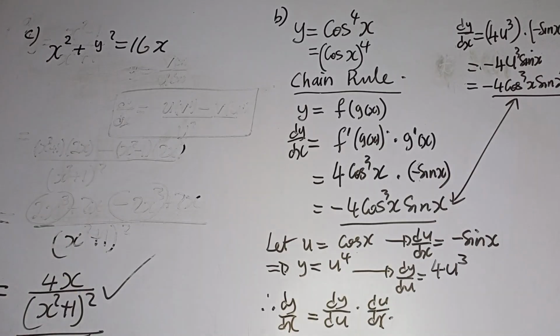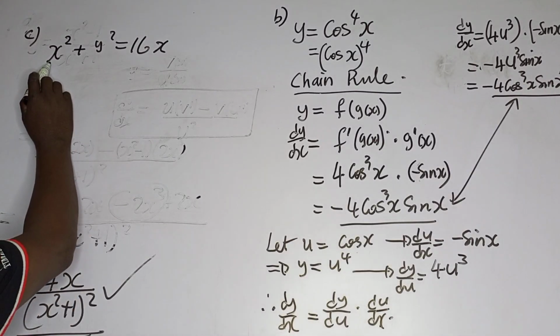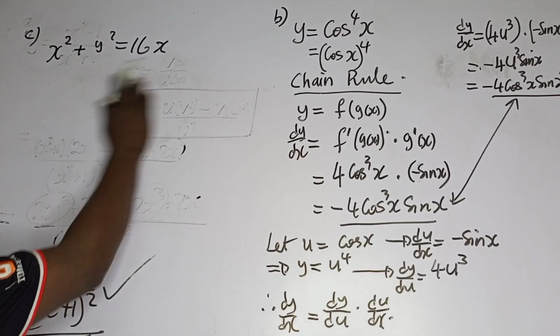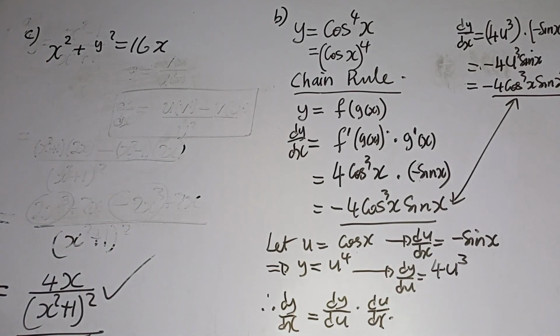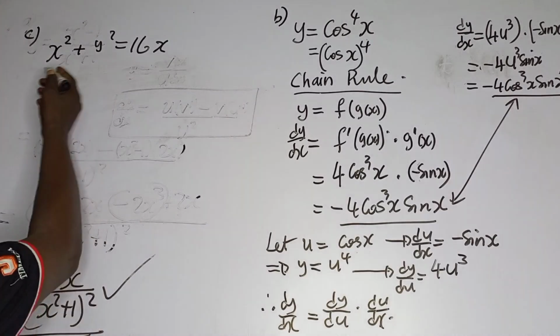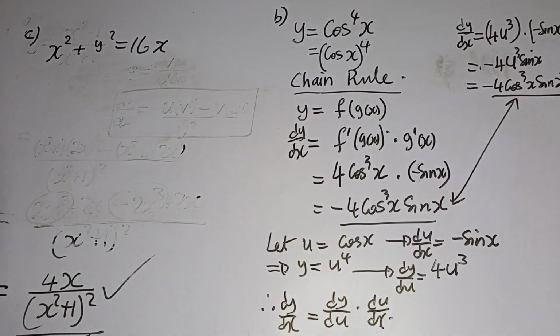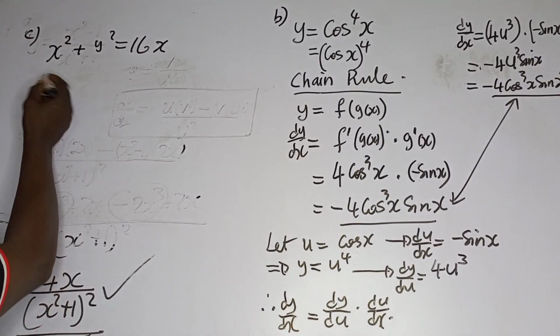This is an implicit function. We know x is the independent variable, y is the dependent variable. So any expression involving the independent variable and the dependent variable is called an implicit expression. What we need to do in such a case is to differentiate each term with respect to x.